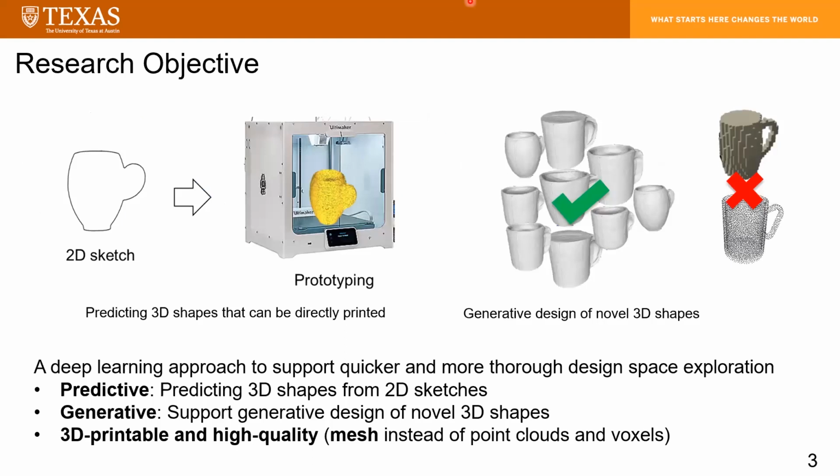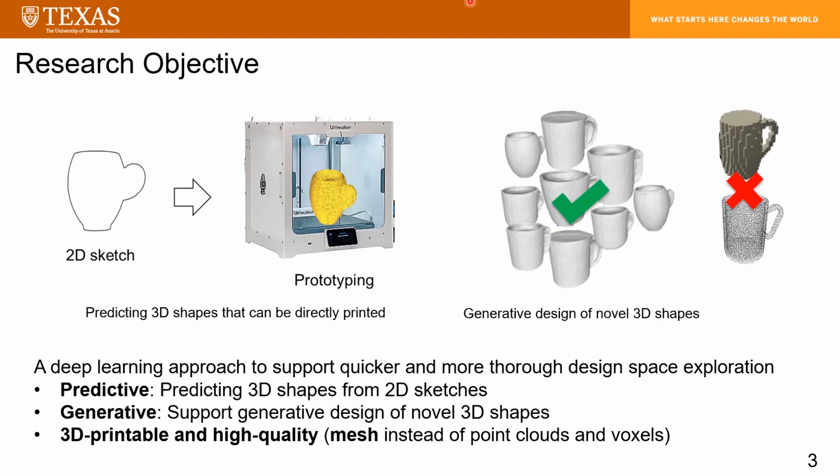So our research objective is to build a deep learning approach, which could be both predictive and generative, to support quicker and more thorough design space exploration and the design decisions of designers. The predictive function could allow the prediction of a 3D shape from a simple 2D sketch, and the generative function can generate a lot of novel 3D shapes.